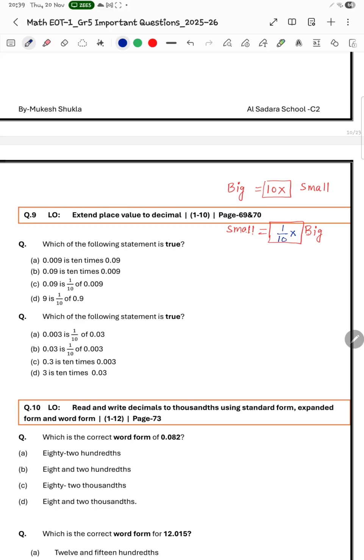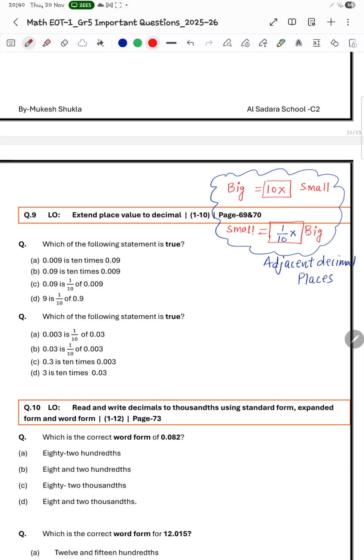Now again, I would like to point out this rule is applicable to adjacent decimal places only. If the places are adjacent to each other, then this rule is applied.